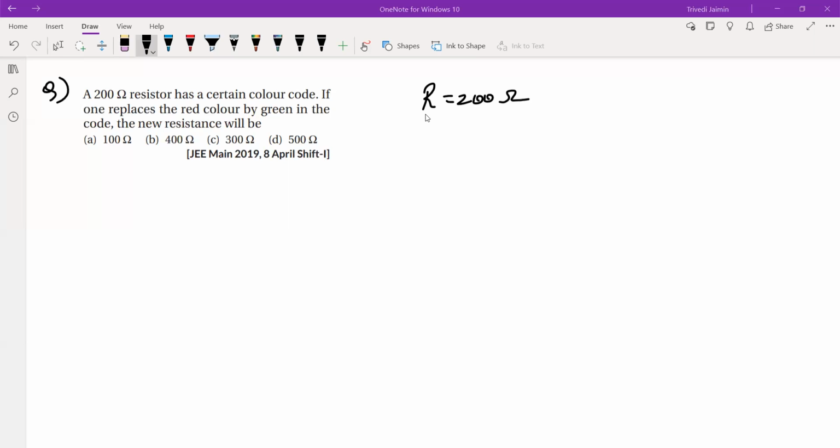Very simple. Red is second. The band of red color is 2. Green is 5. Directly we can say it's 500.